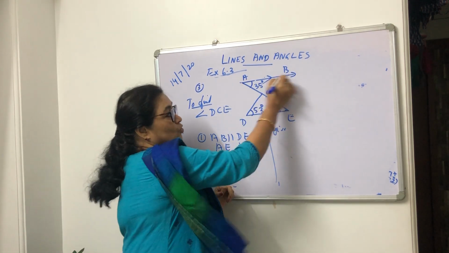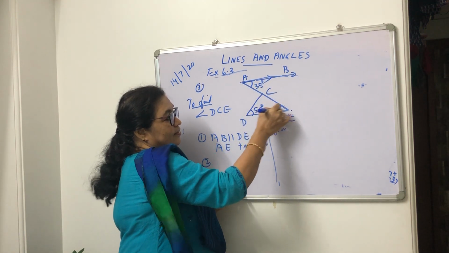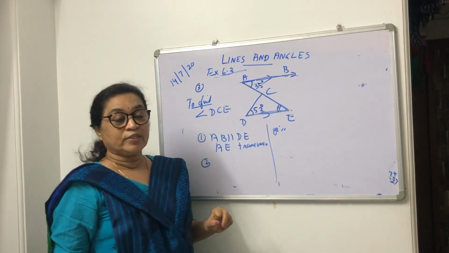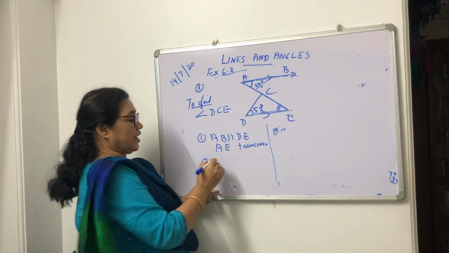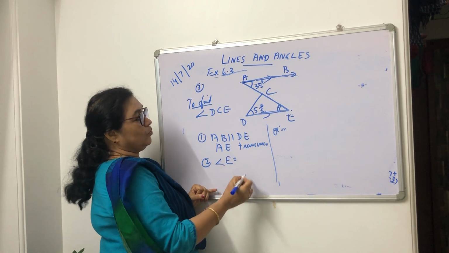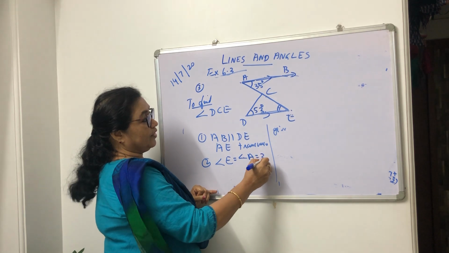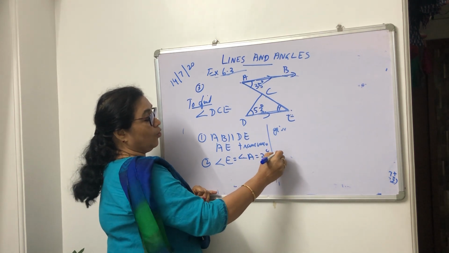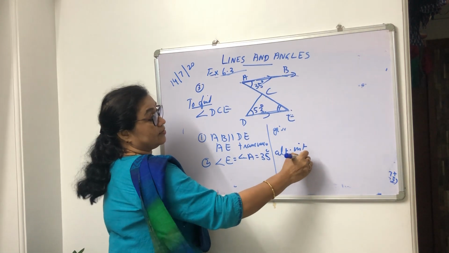Because these two lines are parallel. You see when you write Z here, these two angles are equal, alternate interior angles. Therefore, this angle E is equal to angle A, which is 35 degrees, alternate interior angles.